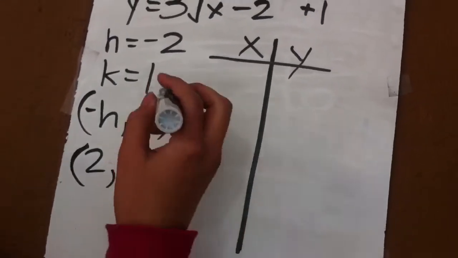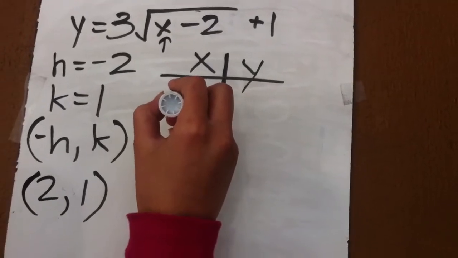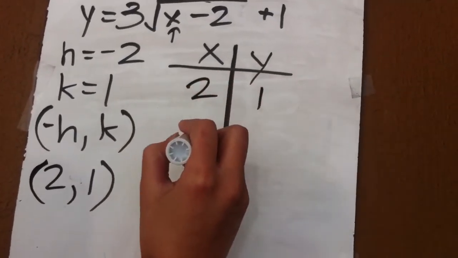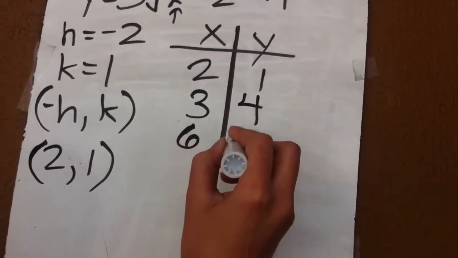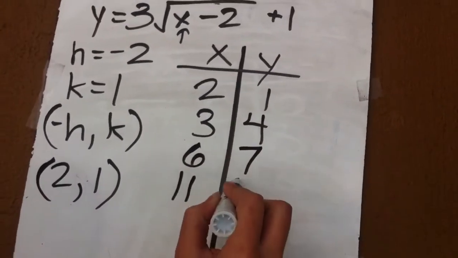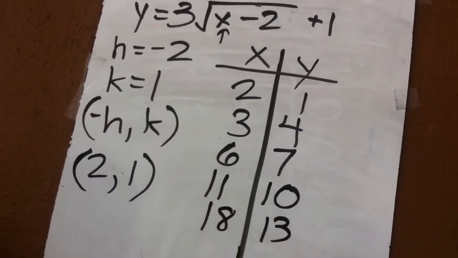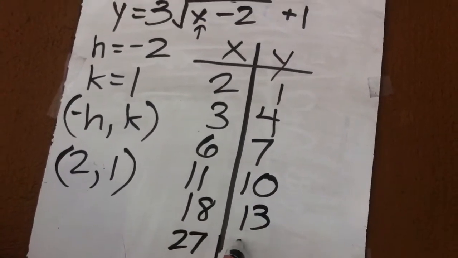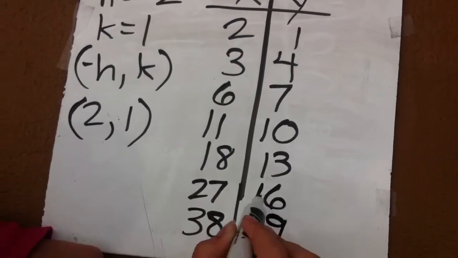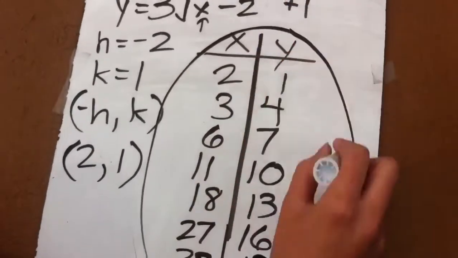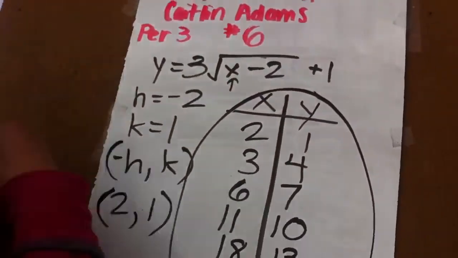And if we keep plugging things in for x, let's see, if x were 3, it would be 4, and then just keep plugging it in. So here's the t-chart for this equation.